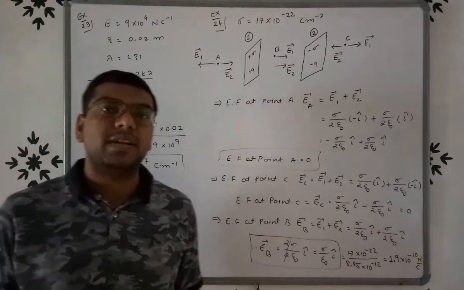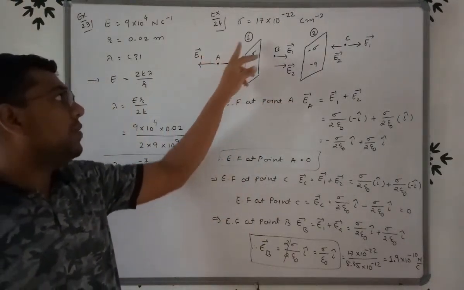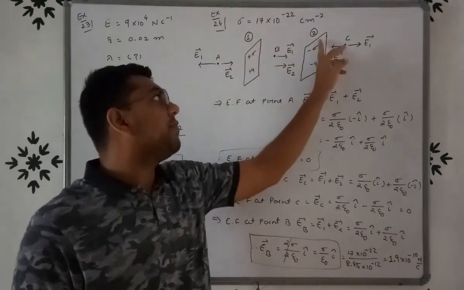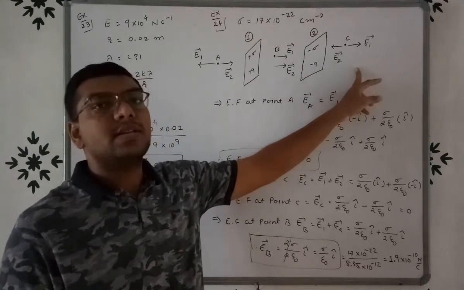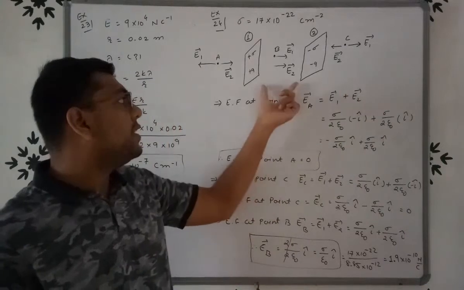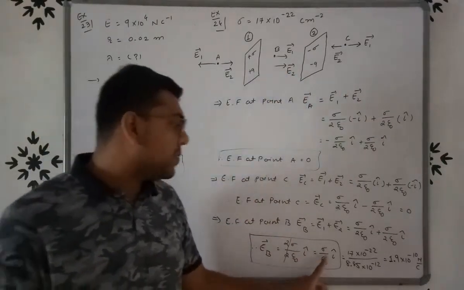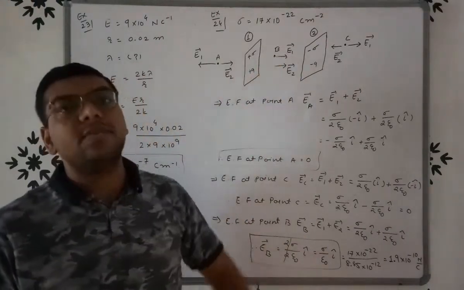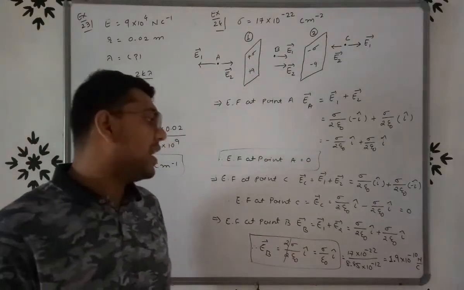You have to remember that the electric field outside the first sheet or plate is 0. The electric field outside the second plate is also 0. But the electric field between these two plates, or two sheets, is sigma upon epsilon 0, and the direction is in positive x. So you have to remember this formula.